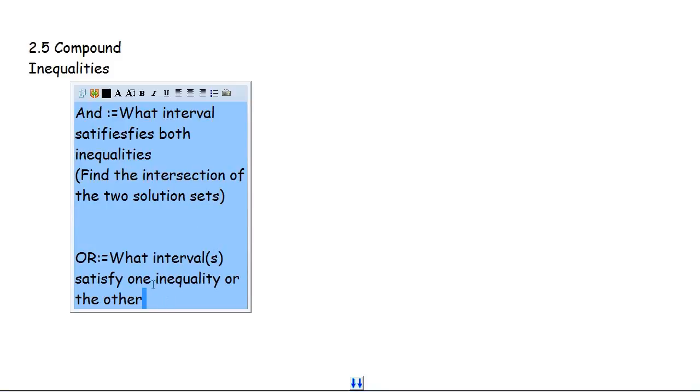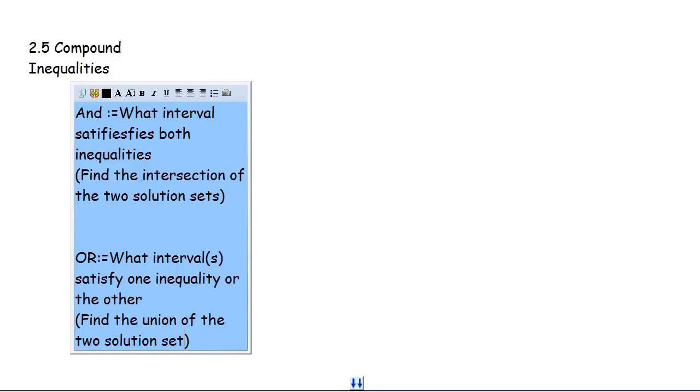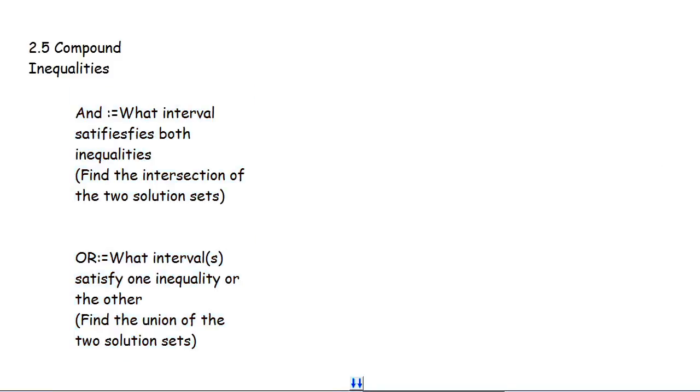Whereas for OR problems, we're really telling you to find the union, or union the two together. So all I mean when I say this is that there are two types of inequalities.